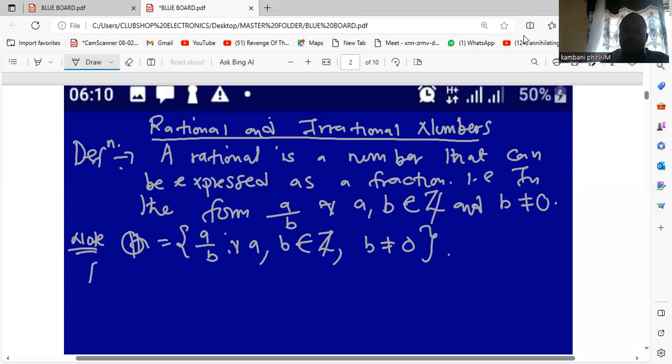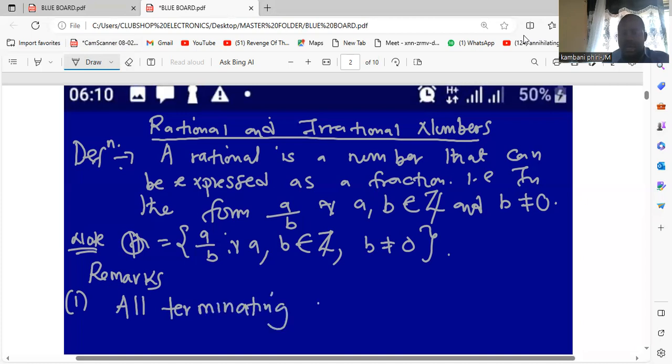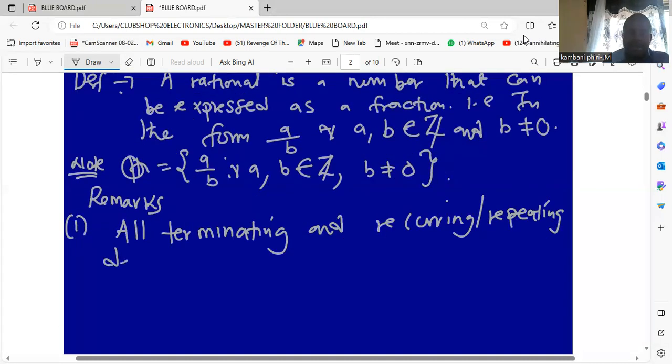Now, you need to take note of these points. Number one, all terminating and recurring or repeating decimals are rational numbers. Why?